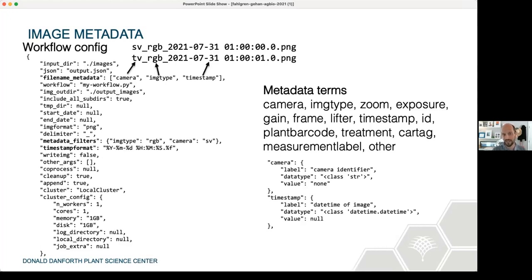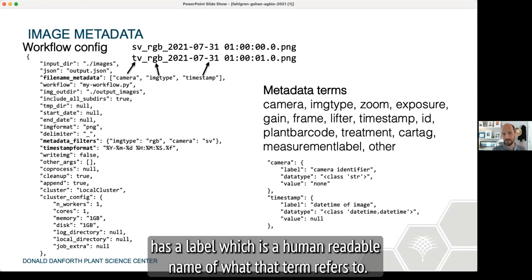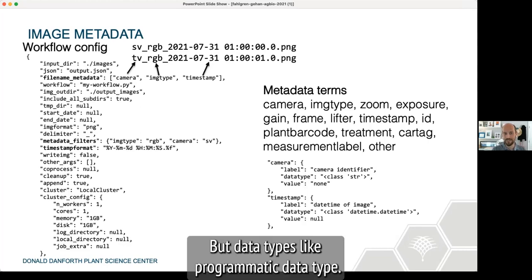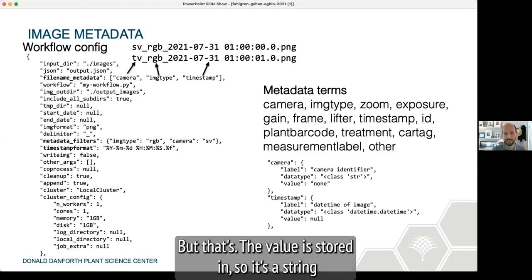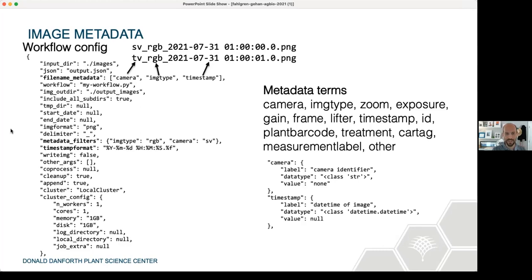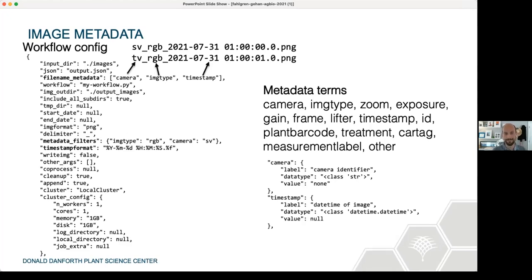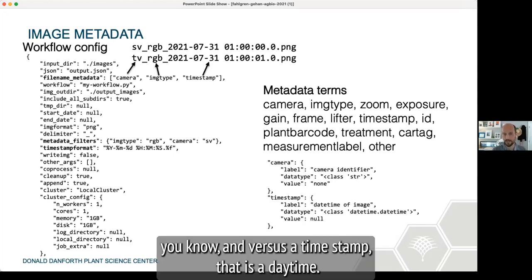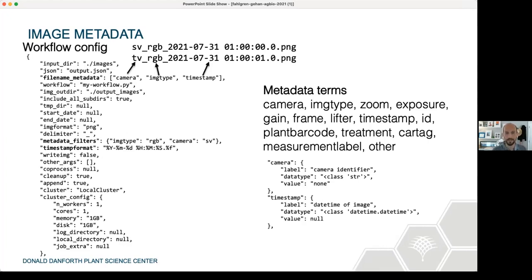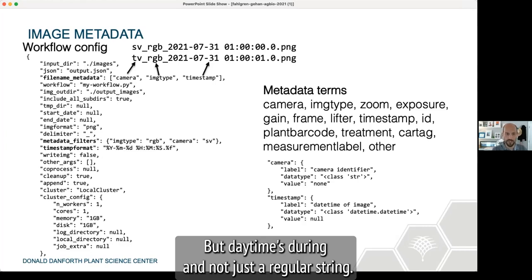Camera has a label, which is a human readable name of what that term refers to, the programmatic data type the value is stored in, so it's a string, and then the default value or the inherited value once it gets set. A timestamp, versus that, is a date time string and not just a regular string.